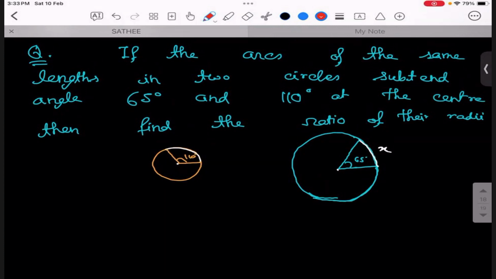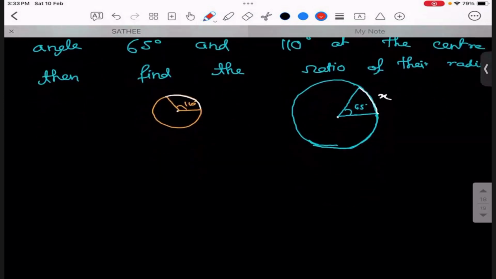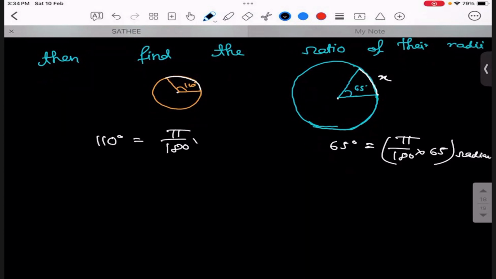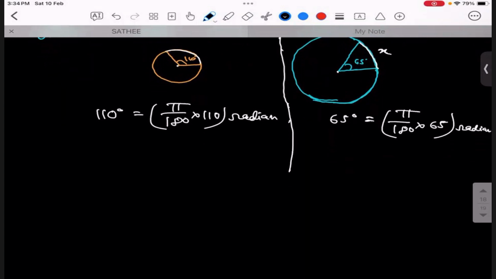At first we need to convert these two angle measures into radian. 65 degree equals pi by 180 into 65, this much radian, and 110 degree equals pi by 180 into 110, this much radian.